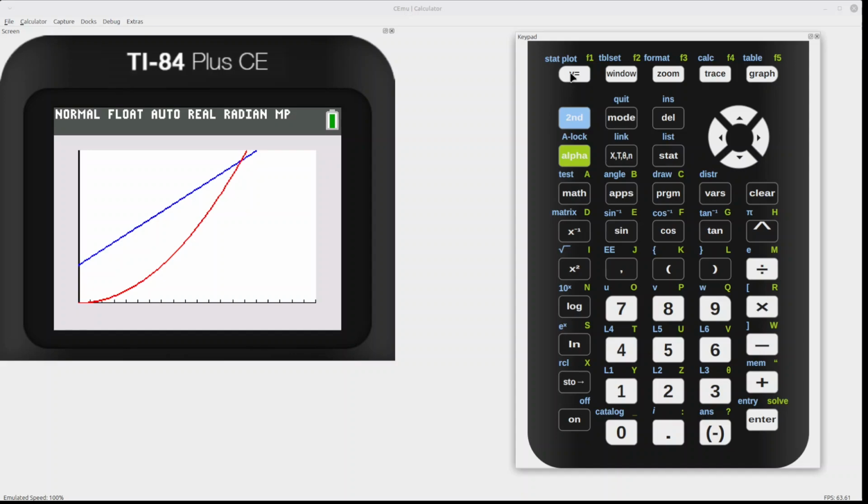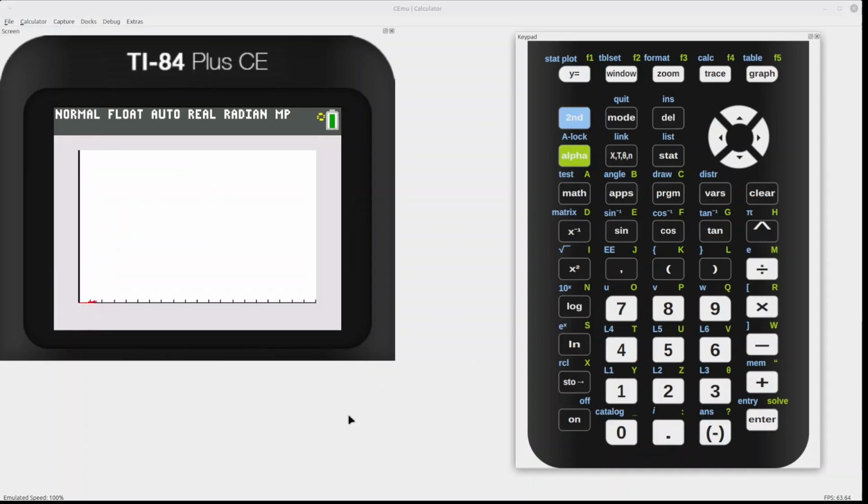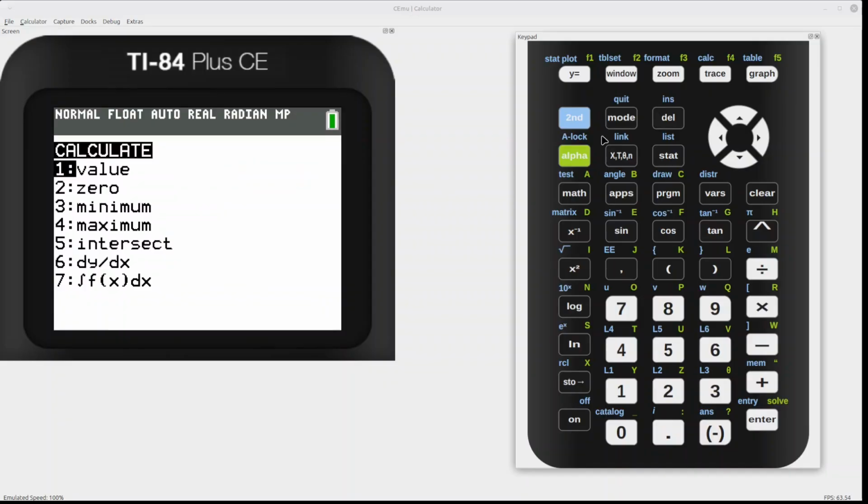So to make things simpler, I'm going to go to y equals. I'm going to turn off this first plot here because I want the curve. So I'm going to turn that off so it's much simpler to see. All right, so we want the instantaneous velocity, or the velocity that the car was traveling when it caught up with the first car. So the instantaneous velocity is the derivative of that point.